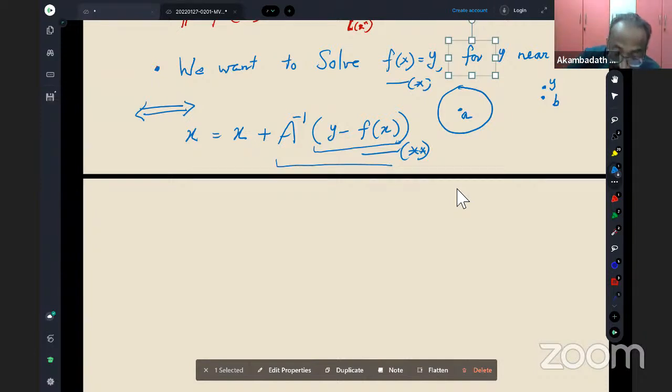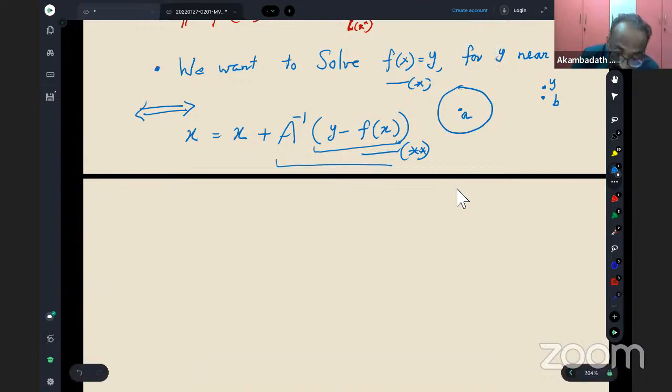Even without A inverse, this is a fixed point of this one. The problem is that that fixed point may not work, and this is the right fixed point I need to analyze eventually. So keep this in mind. The solvability is equivalent.